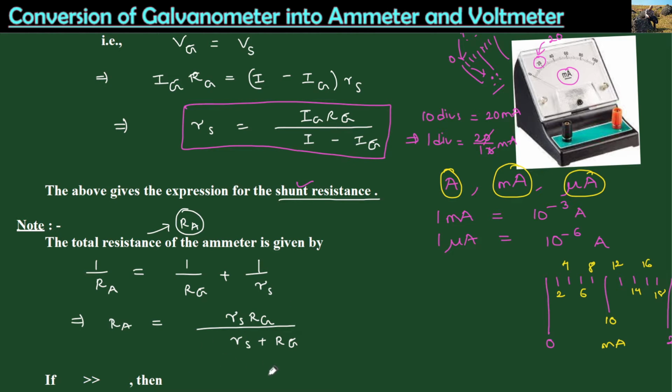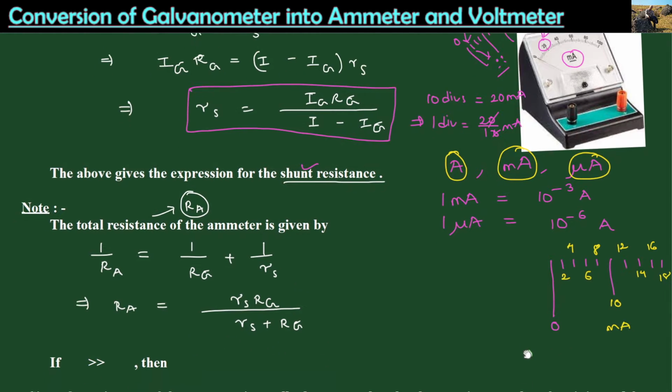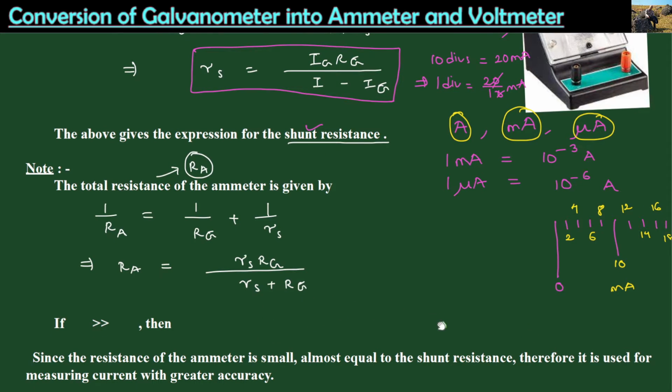From here, let us do some analysis. When you look at the denominator term of this equation, we have the factor Rs plus Rg. By definition, the shunt resistance is very, very low, and the resistance of the galvanometer is quite higher.